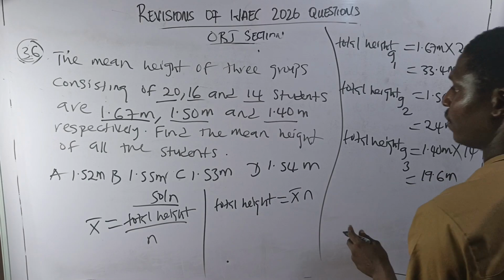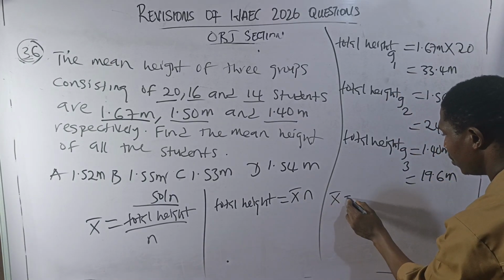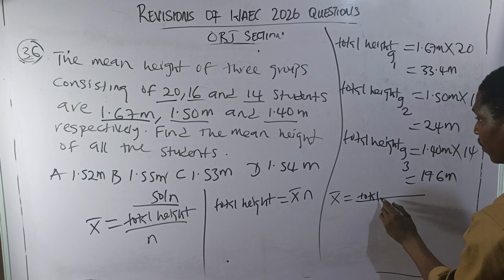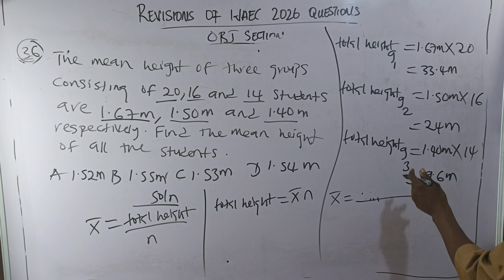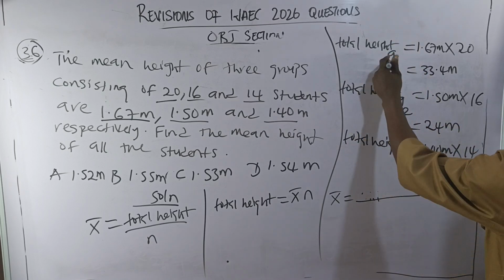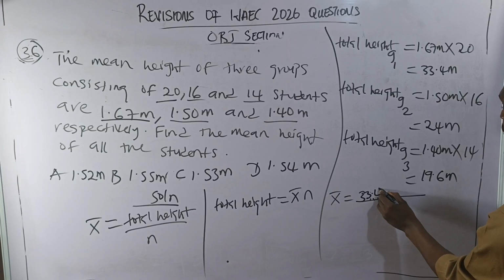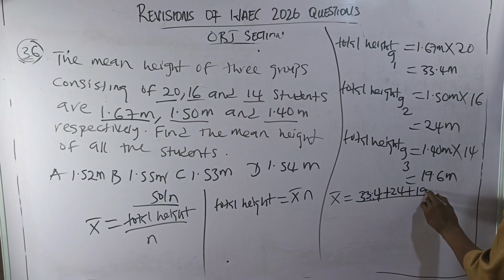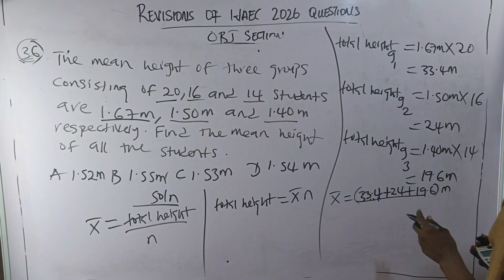Now, the mean height for all students becomes x bar, which is mean, equal to total height. And the total height is already this. Total height now happens to be height of G1 plus G2 plus G3, which gives you 33.4 plus 24 plus 19.6, all in meter, divided by the number of students.